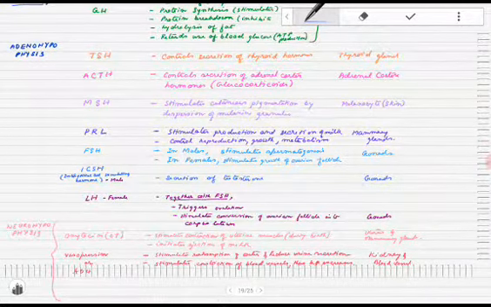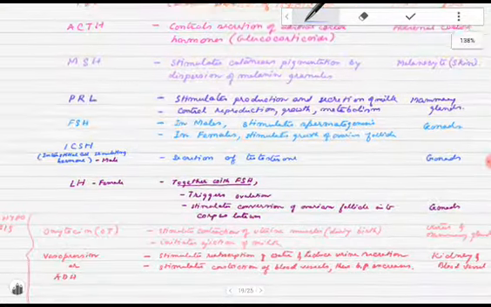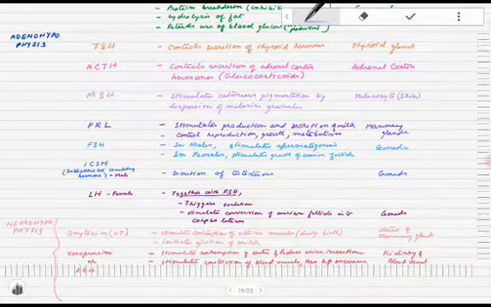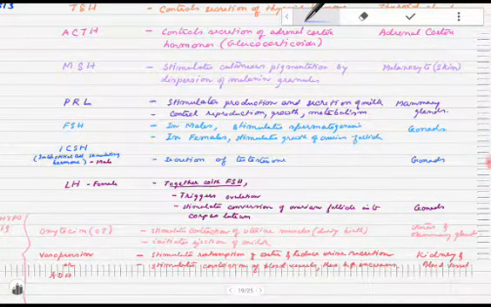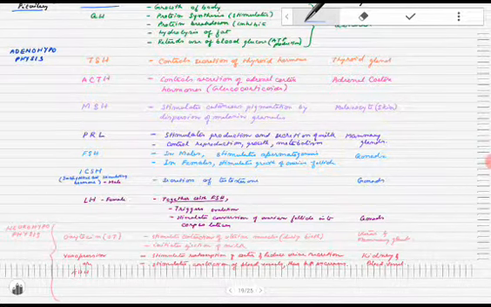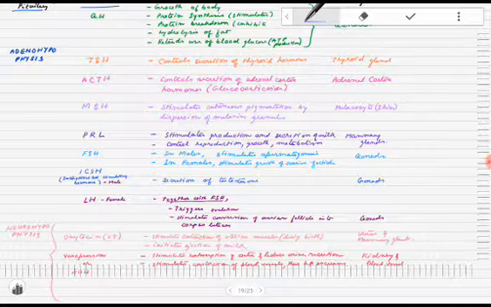And LH, the luteinizing hormone, in female, together with FSH, triggers ovulation, and it stimulates conversion of the ovarian follicle into corpus luteum, and its target organ is the gonads. Now these are the hormones which are produced by the adenohypophysis, and by the neurohypophysis they are oxytocin, which we write as OT also, and vasopressin or ADH.